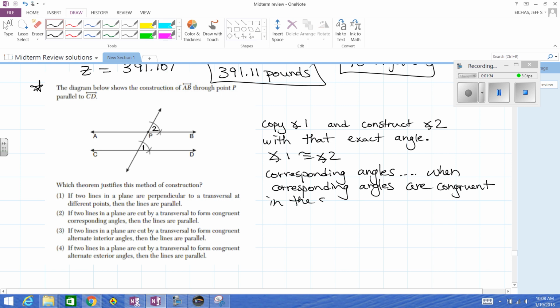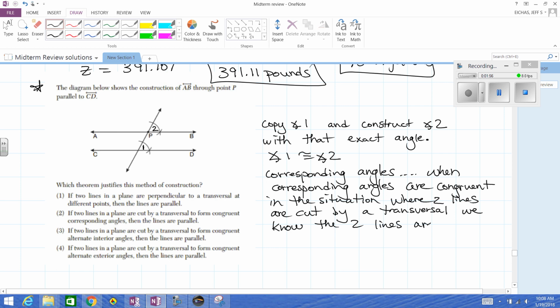In the situation where two lines are cut by a transversal, we know the two lines are parallel. So what we're looking for is one of the choices along that line.